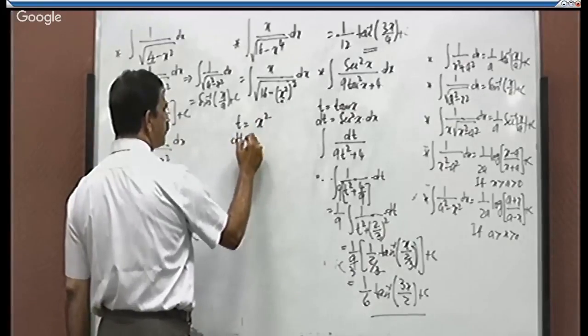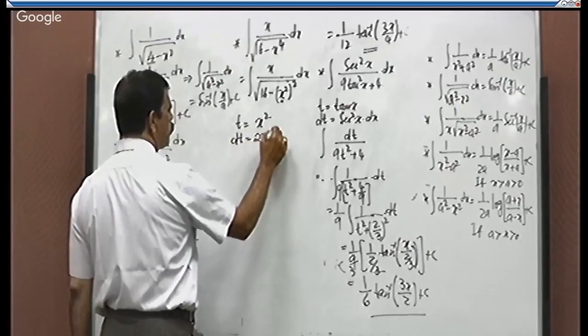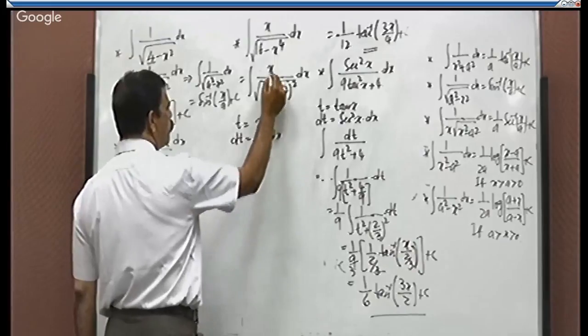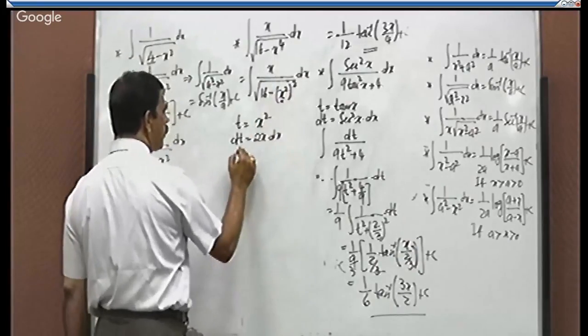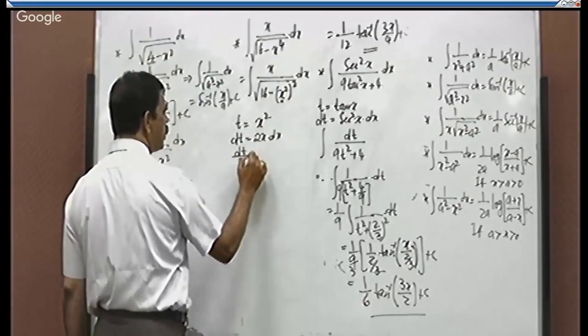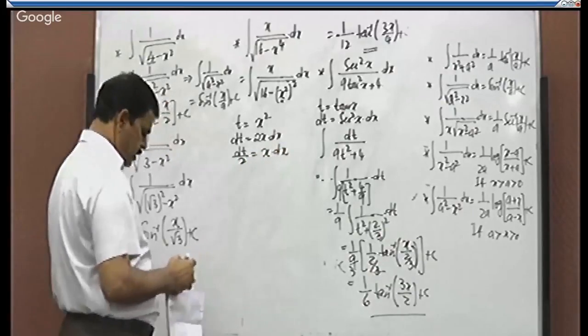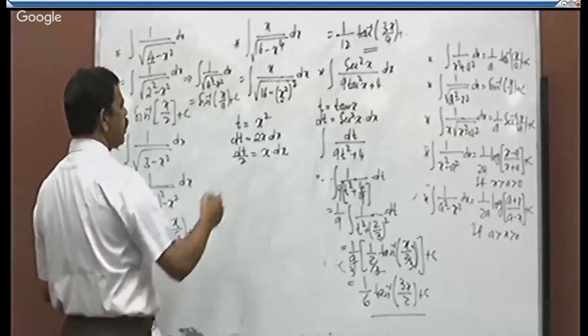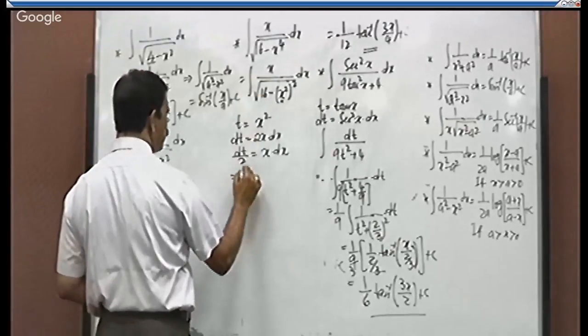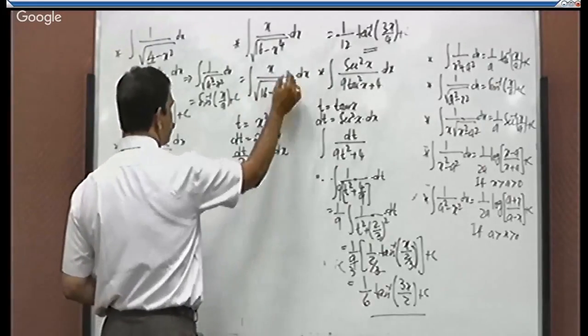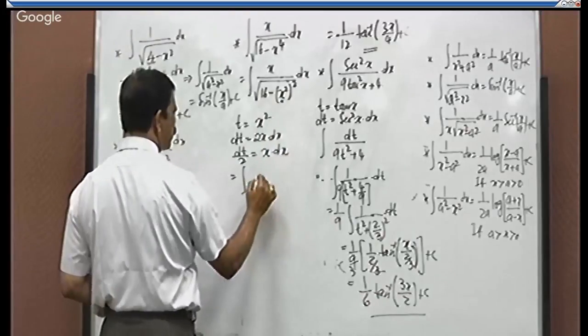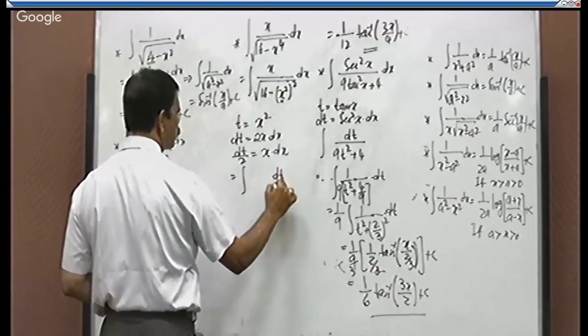Differentiate this, dt is equal to what? 2x into dx. I need only x into dx. Therefore, it becomes dt divided by 2 is equal to x into dx. Then you just substitute in the problem, 1 divided by x dx. x dx is dt divided by 2.